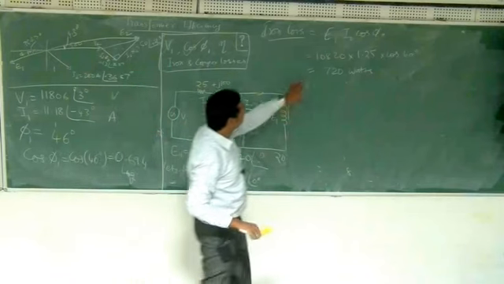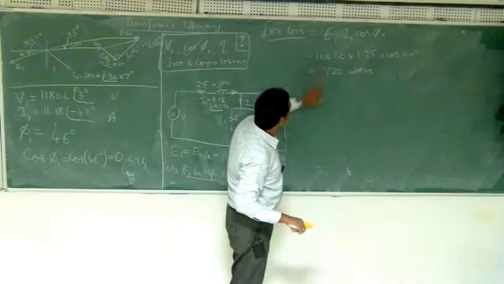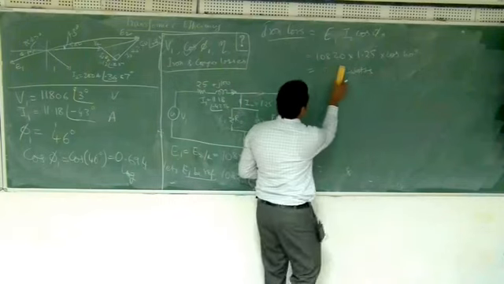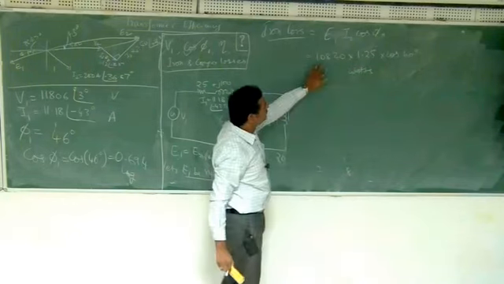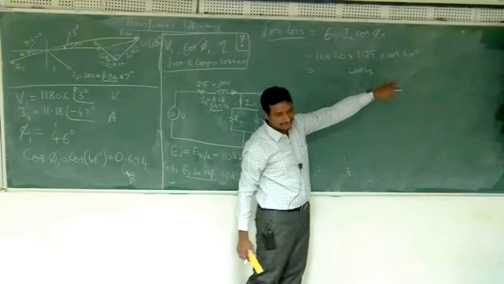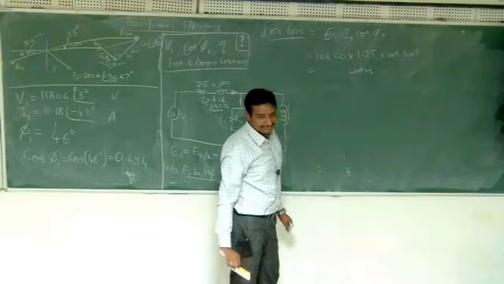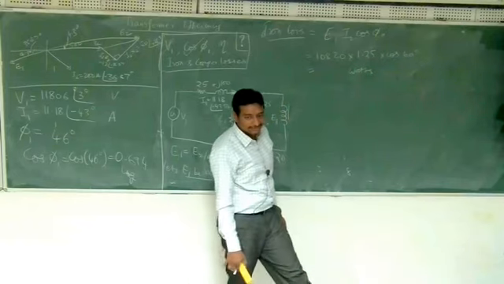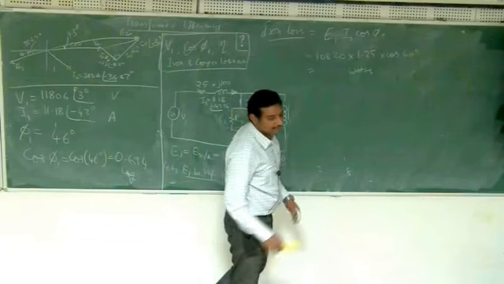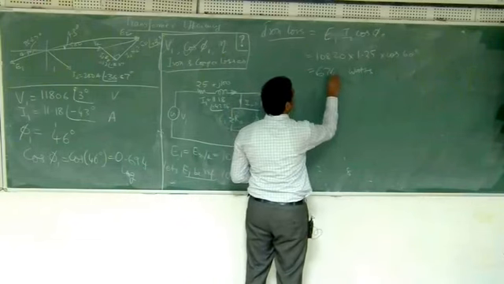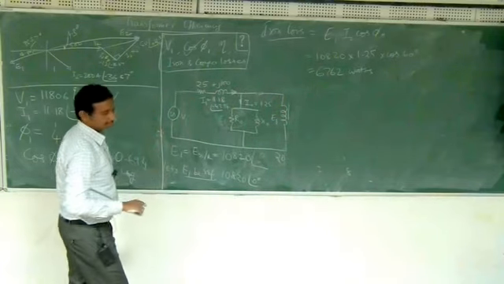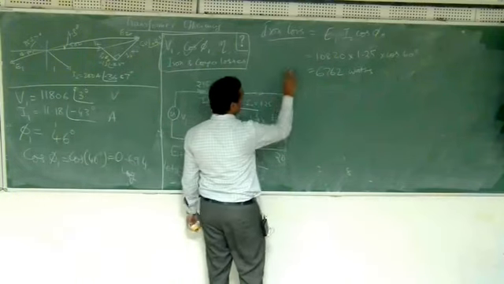See, this is 10,000, right? 10,820 into 1.25 into cos 60. How much? 6762.5. So I'll just write 6762 watts. This is iron loss, let's say P iron.